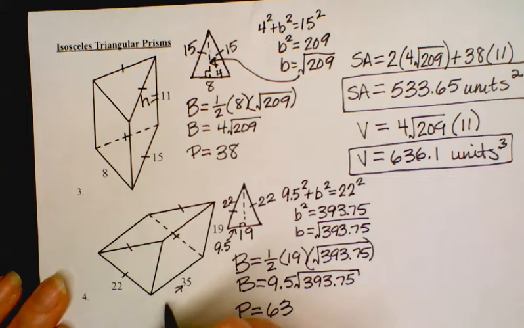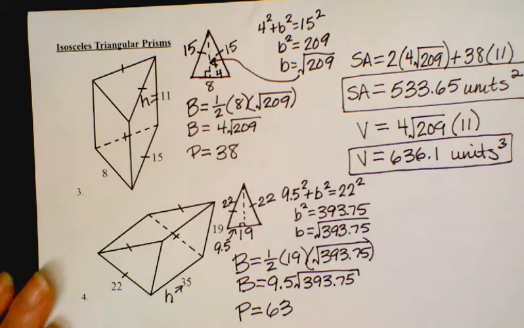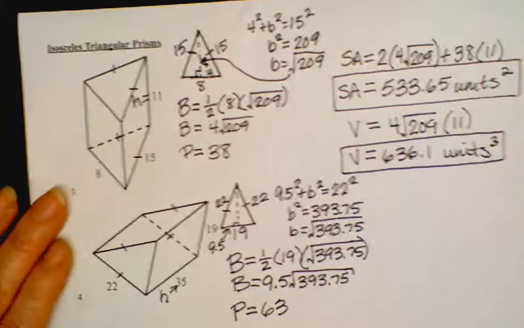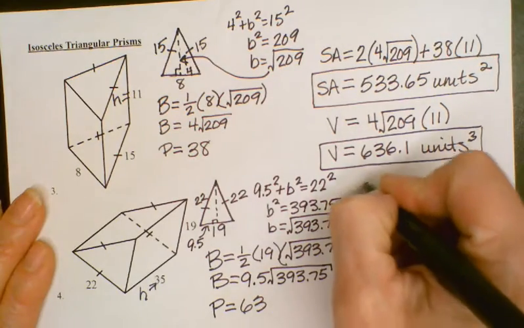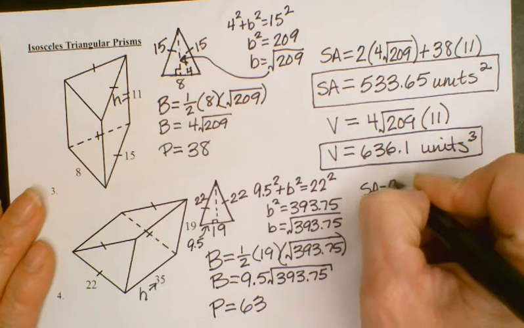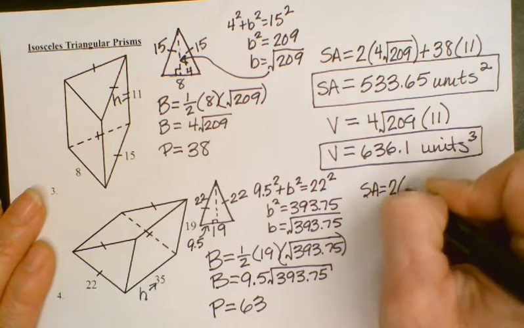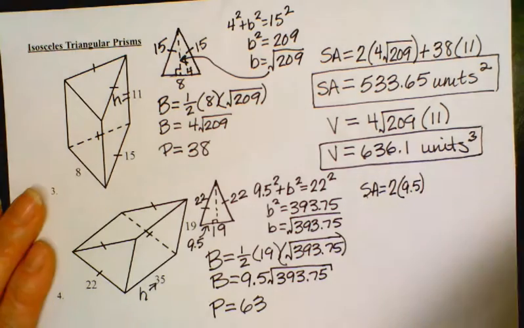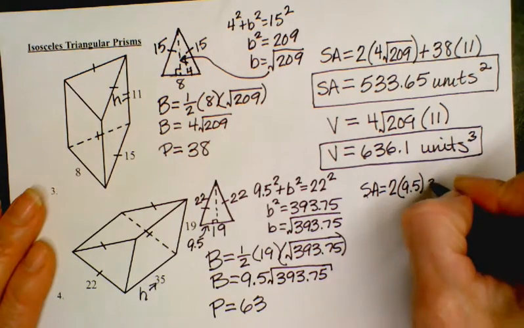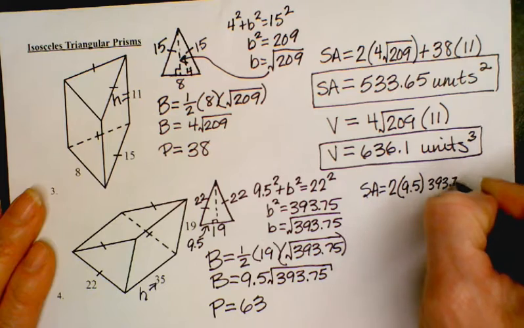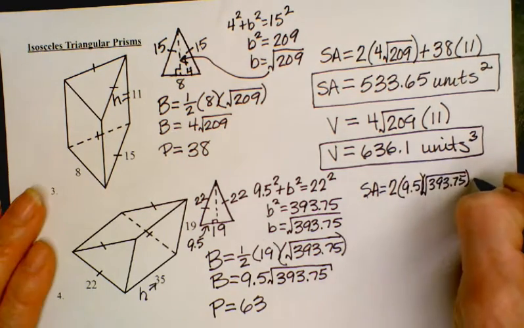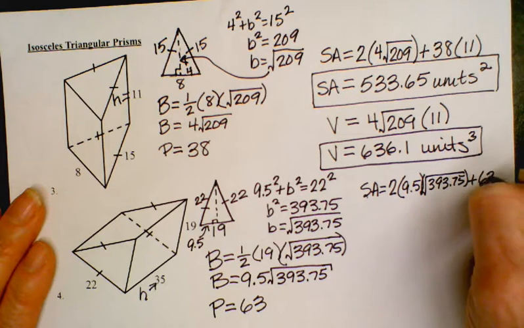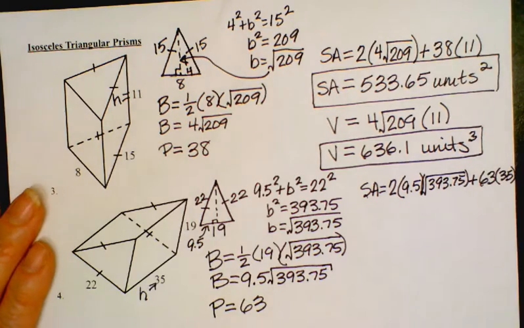So this represents our H value when it comes to finding the surface area and the volume, or the height of that particular prism. All right, so the surface area, 2 times the area of the base, plus the perimeter of the base times the height, 35, that we have from the diagram.